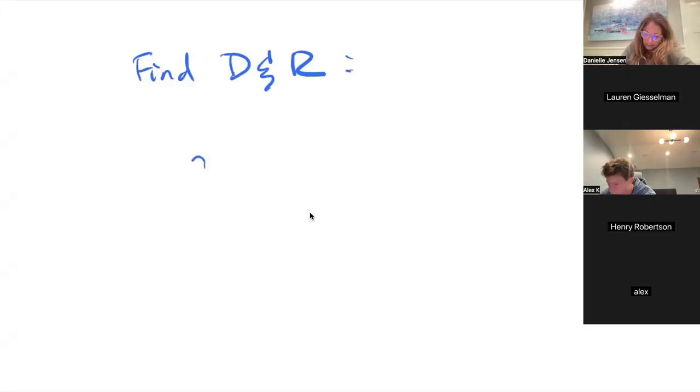So let's do f of x equals, actually I'm going to make it even trickier.